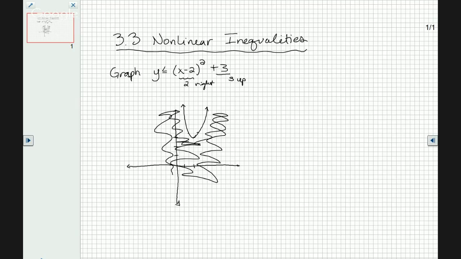A question you might see is: is (2, 3) a solution of the inequality? So if you look at the graph, can you see that it's a solution? (2, 3).